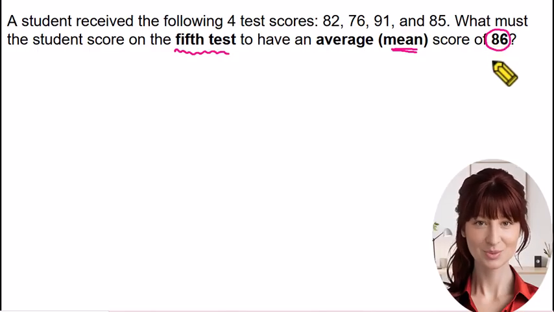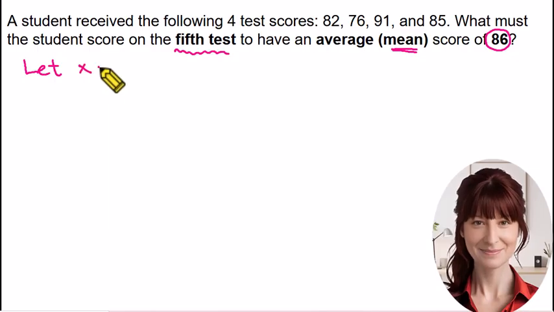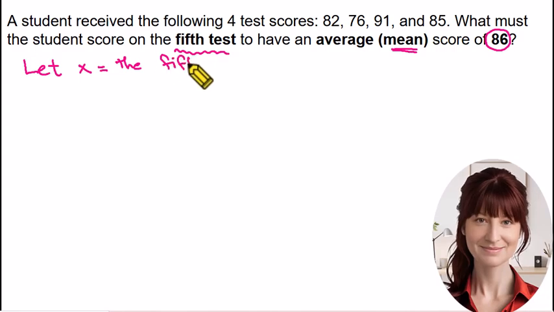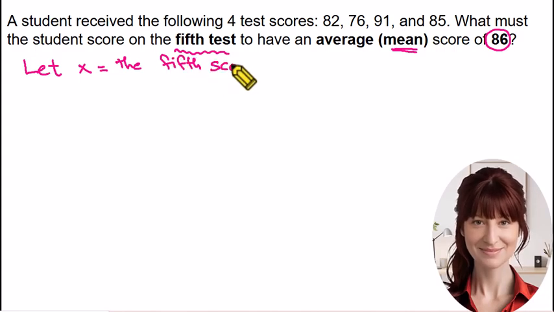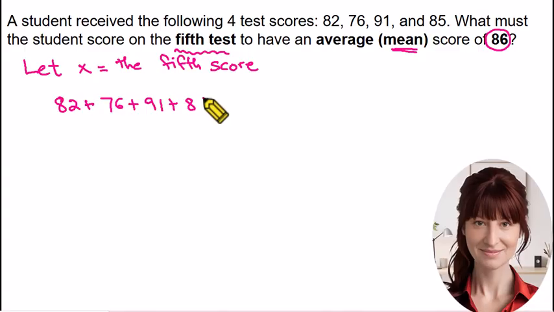The problem is that we don't know what the 5th number is. So let's go ahead and say, let x be the 5th score, right? The 5th test score. So by definition, the mean can be calculated by adding 82 plus 76 plus 91 plus 85. So these are the first 4 known scores plus the unknown, the 5th score.